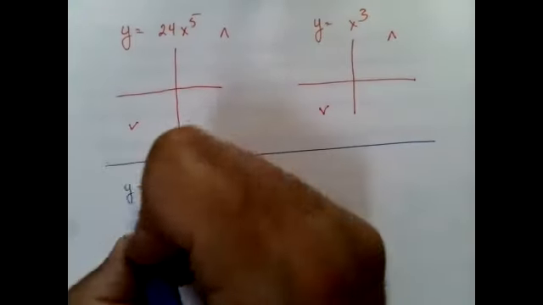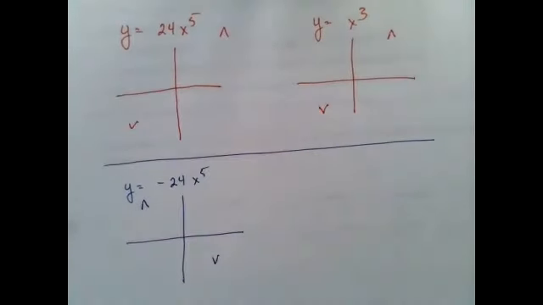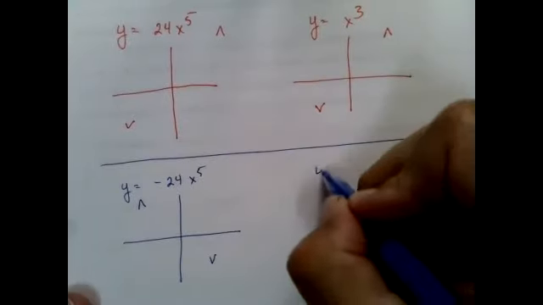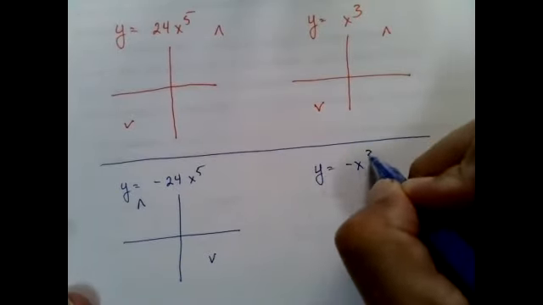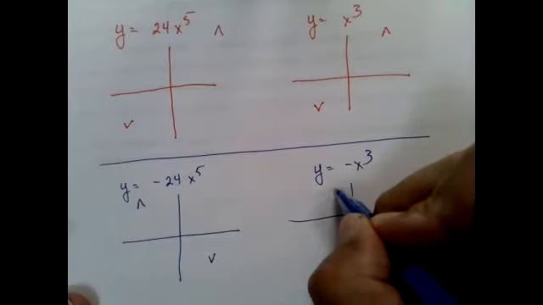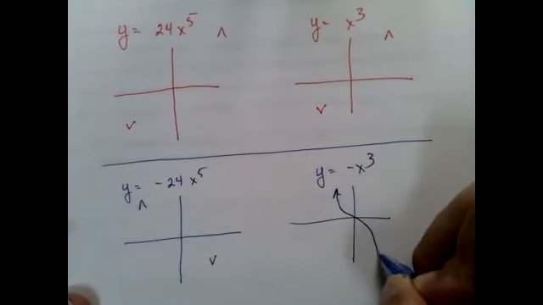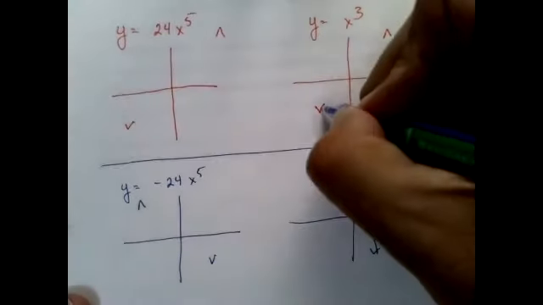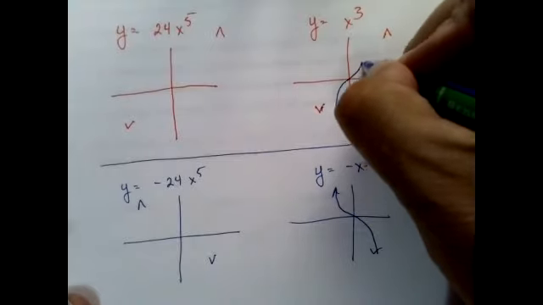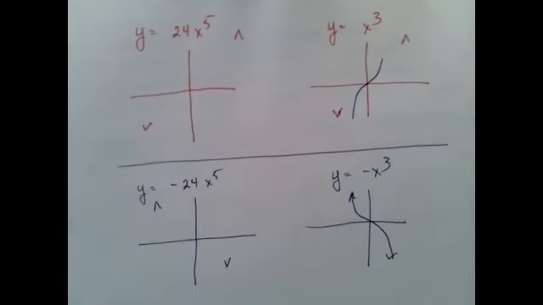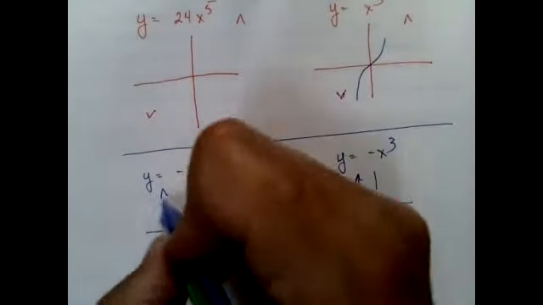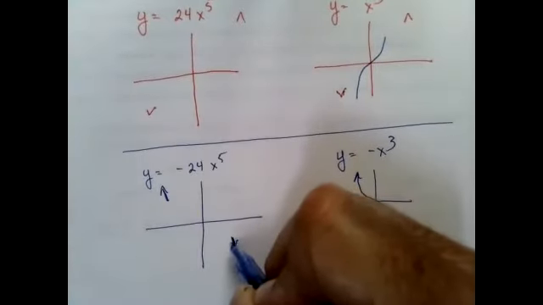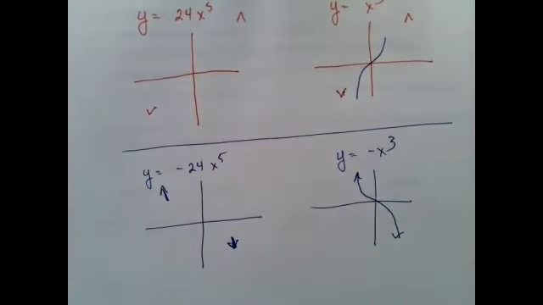So for this one, it's going to have an end behavior like that. Because if I looked at y equals negative x cubed, its graph is this. Y equals x cubed, not negative x cubed. So I have end behavior that's going like this kind of deal.